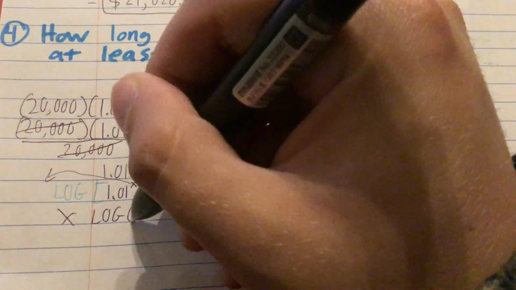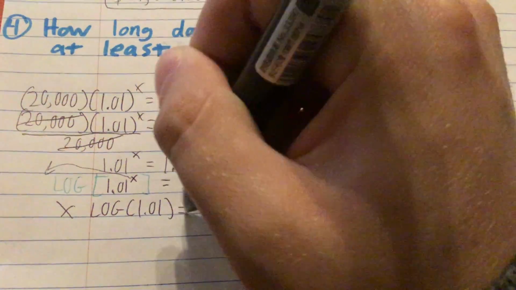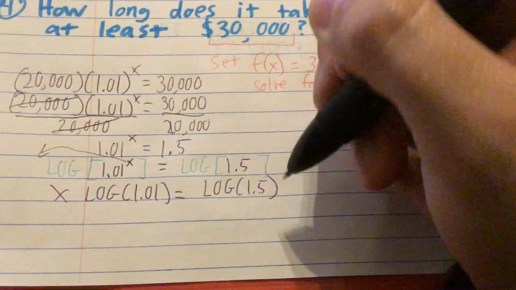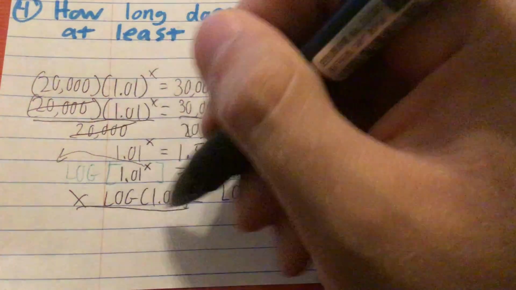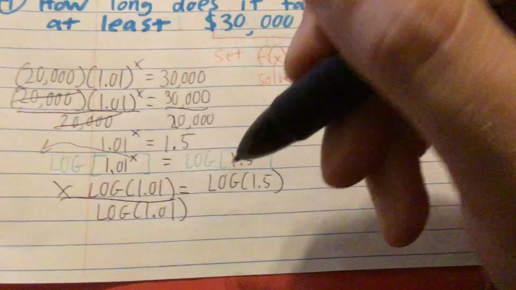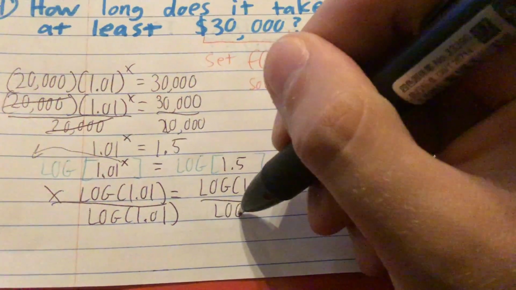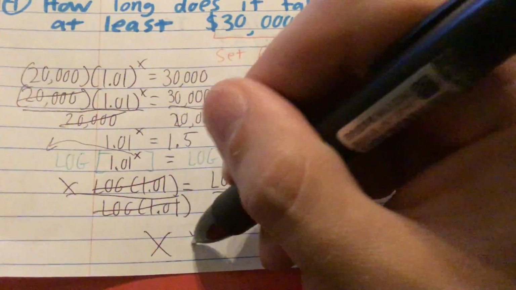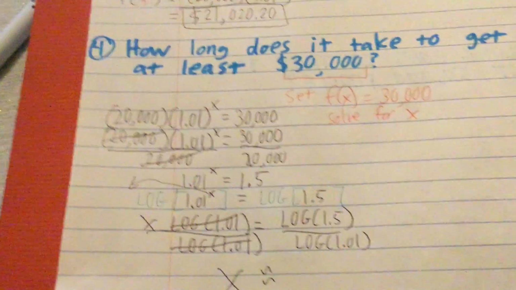X log of 1.01 is equal to the log of 1.5. I'm going to divide both sides of the equation by log of 1.01. And now that cancels out, leaving me with x is approximately, well, let's figure this out.